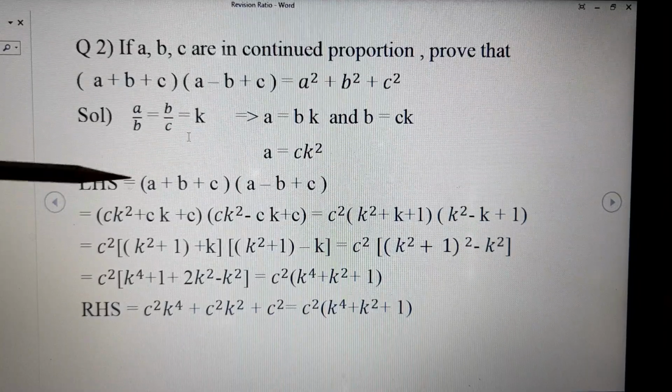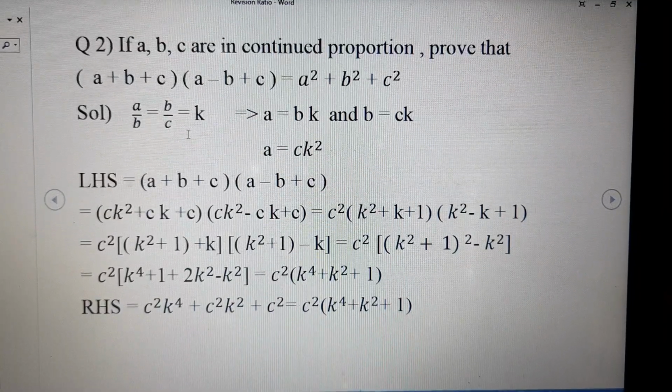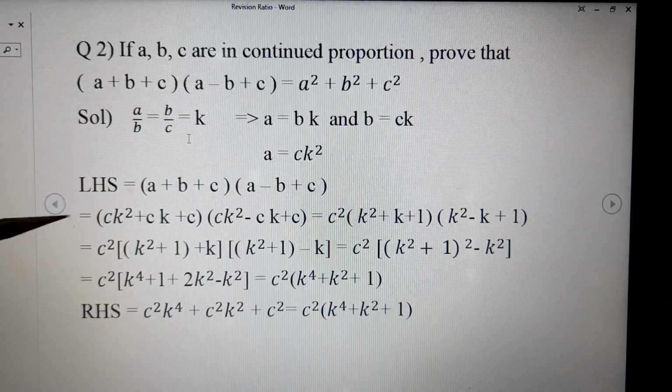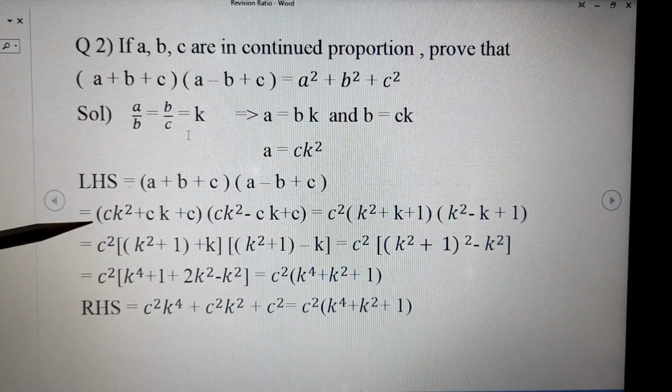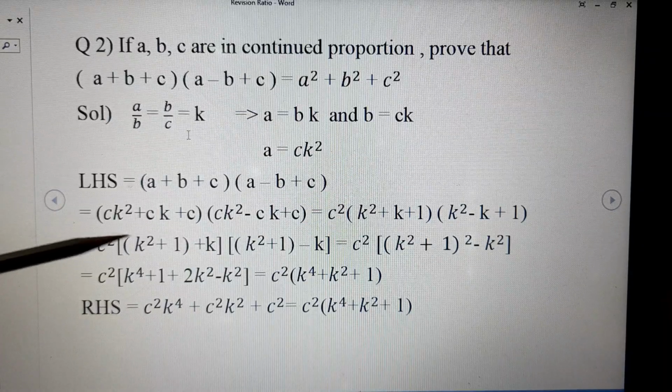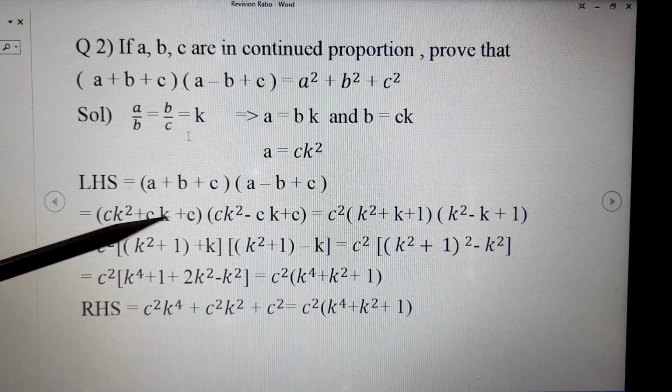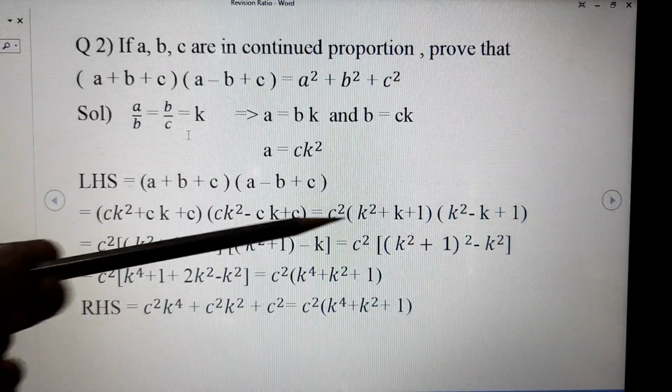So we have replaced a by ck square and b by ck in both the brackets. We can take c common from here and c common from here. One c from this bracket, another c from this bracket. As we have a multiplication sign, c into c is c square.